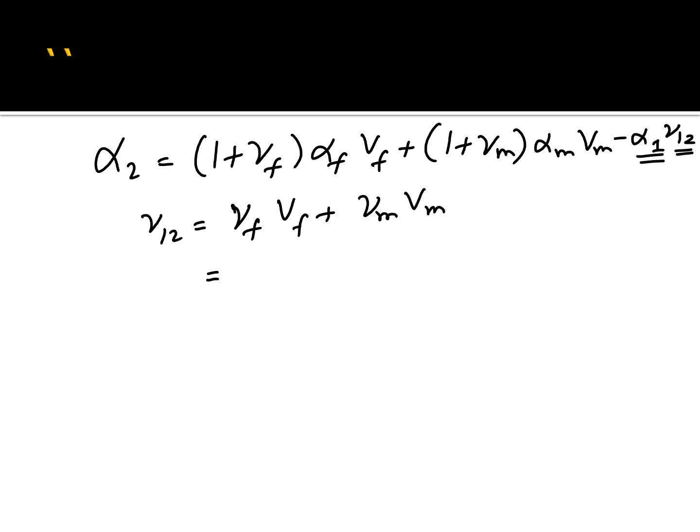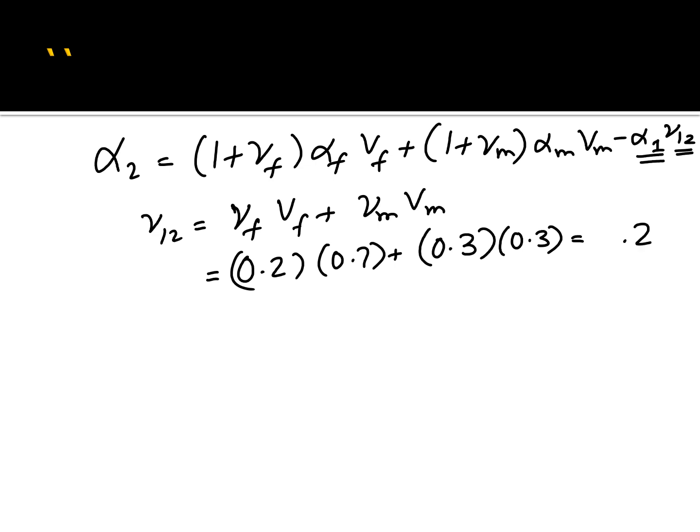And we have the Poisson's ratio of the fiber given as 0.2. Volume fraction is 0.7. Poisson's ratio of the matrix is given as 0.3. Volume fraction is 0.3, and that gives us the major Poisson's ratio nu 12 as 0.23.